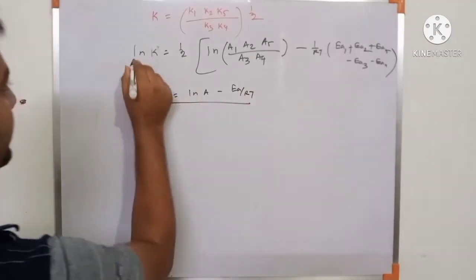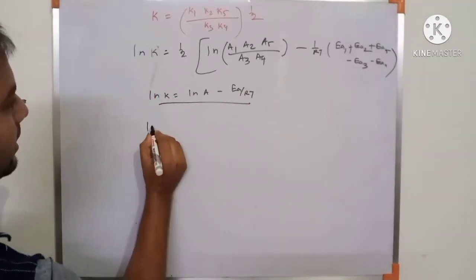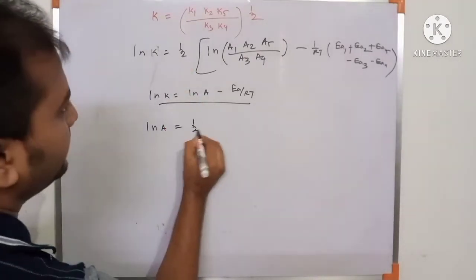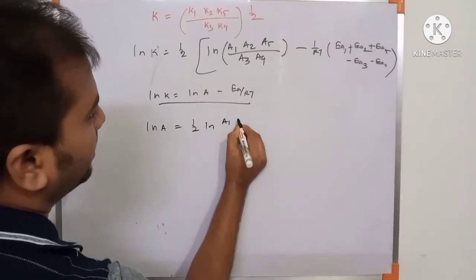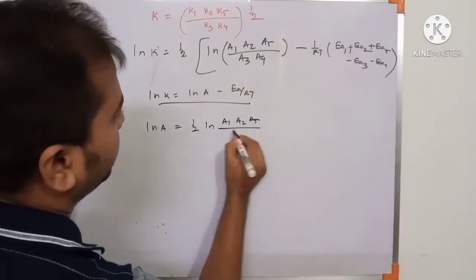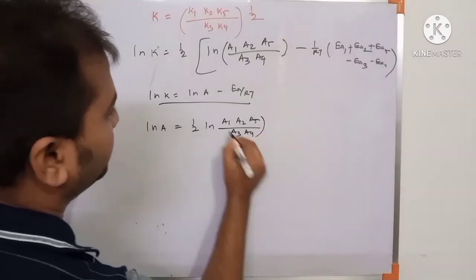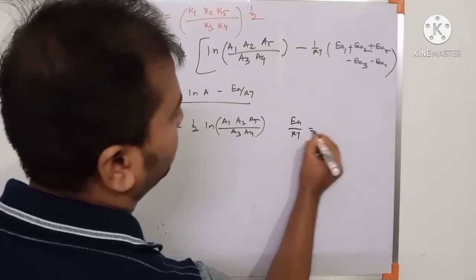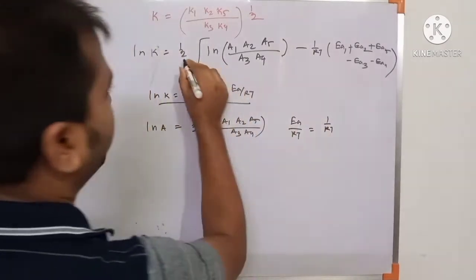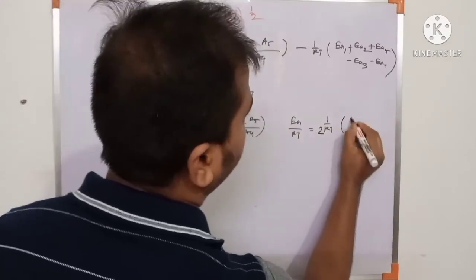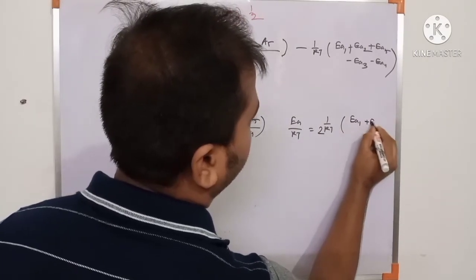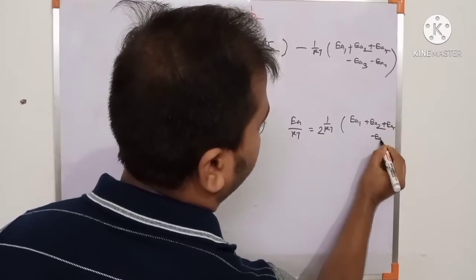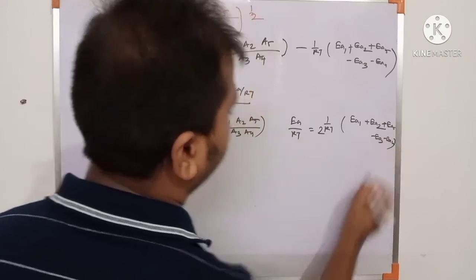So compare this equation and this equation. So ln A equal to half into ln A1, A2, A5 by A3, A4, and Ea by RT equal to 1 by RT multiplied by half into Ea1 plus Ea2 plus Ea5 minus Ea3 minus Ea4.